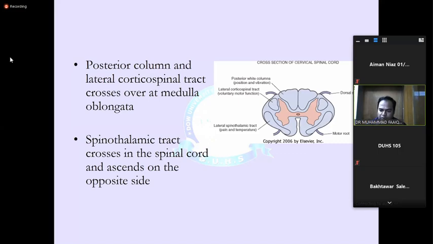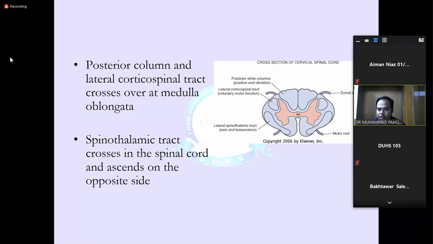You people have studied these important anatomical things and tracts in your basic sciences class in first year MBBS in neuroanatomy. The anterolateral column contains a very important ascending tract called the spinothalamic tract, which is related with pain and temperature.